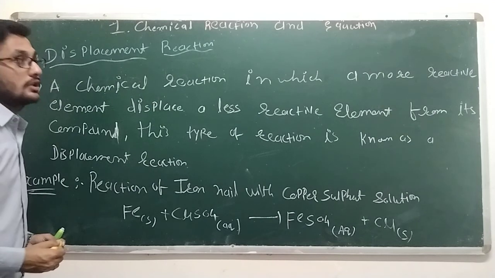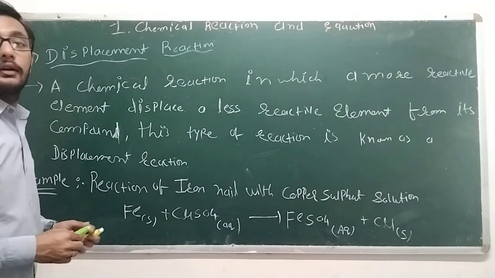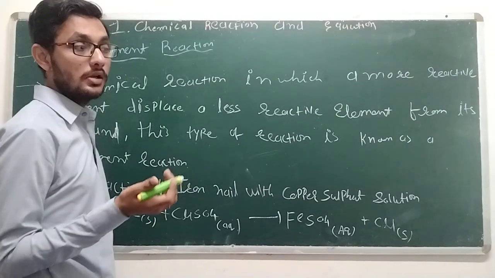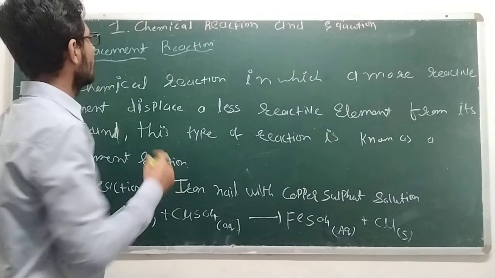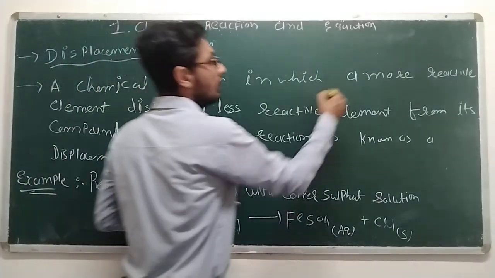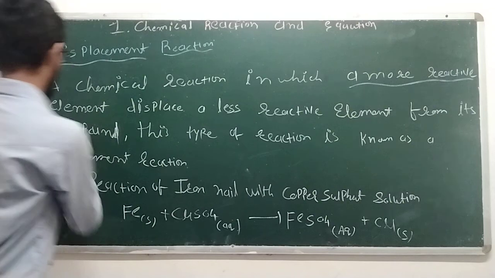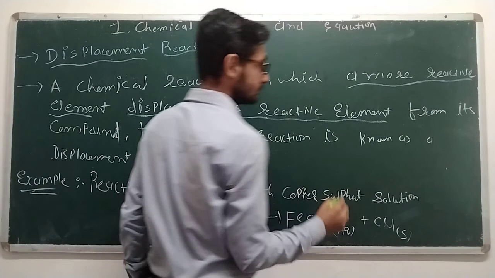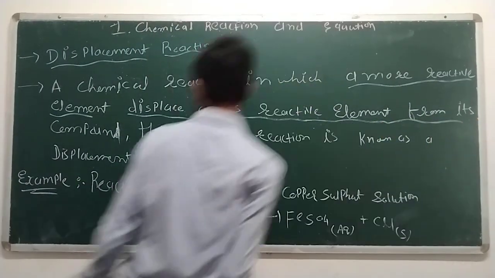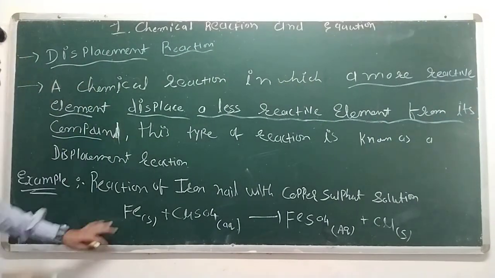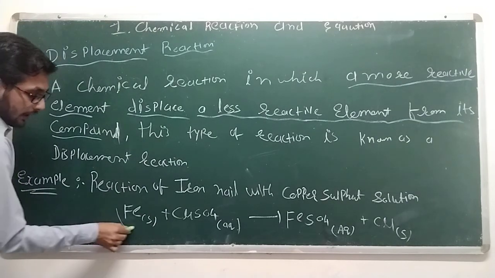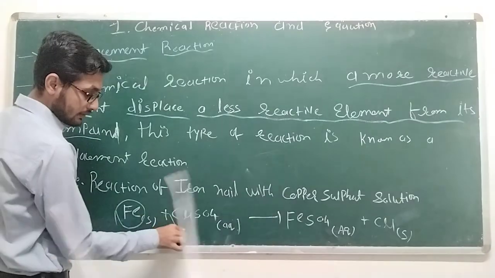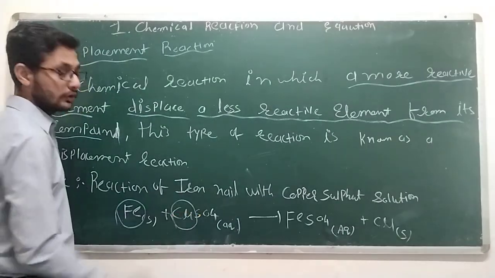Here, firstly, we underline or highlight the main keywords of this displacement reaction: a more reactive element displaces a less reactive element from its compound. Here you can notice that Fe replaces Cu in the form of CuSO4.